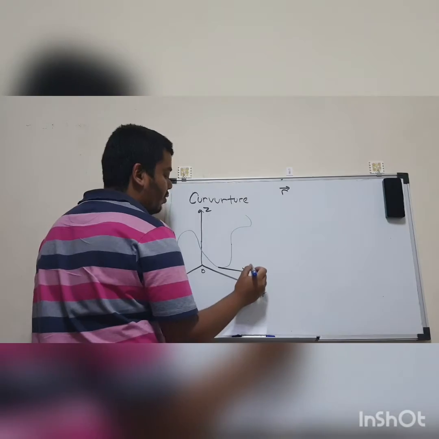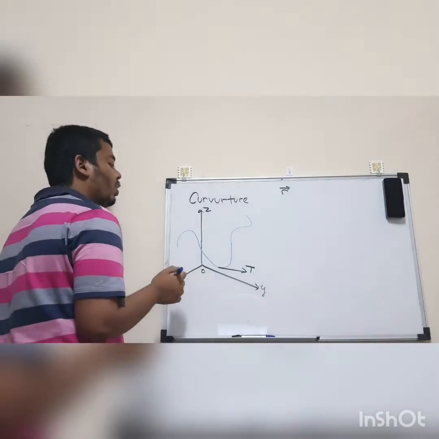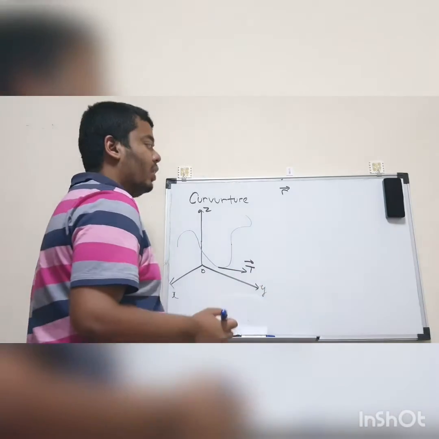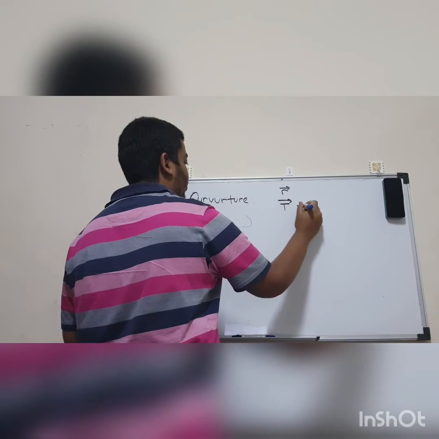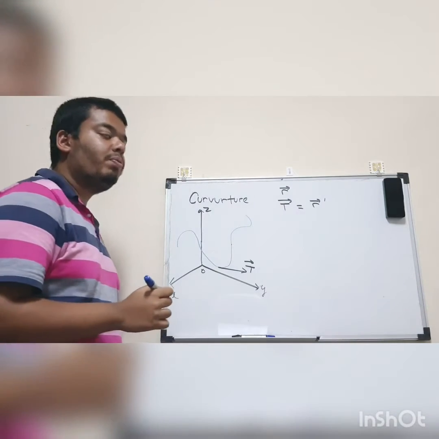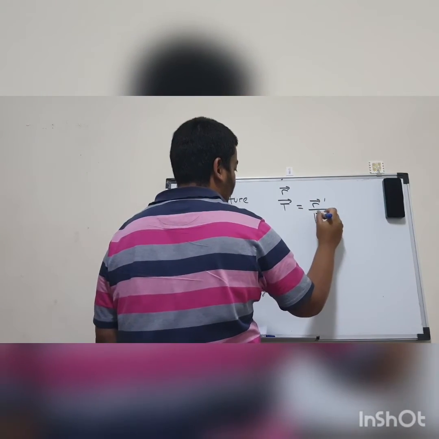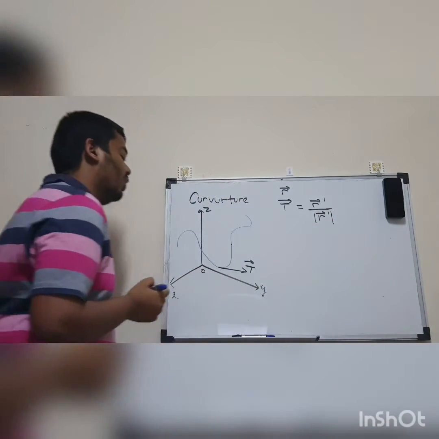So this is a tangent vector, and this is called the unit tangent vector. And the unit tangent vector, since it's tangent, is first of all given by the derivative of the position vector over the magnitude of the derivative of the position vector. So that is why we know it as the unit tangent vector.